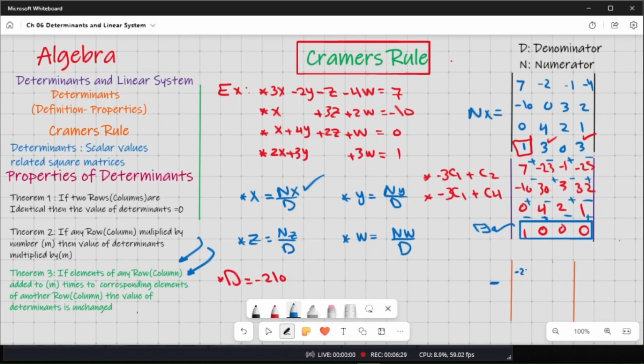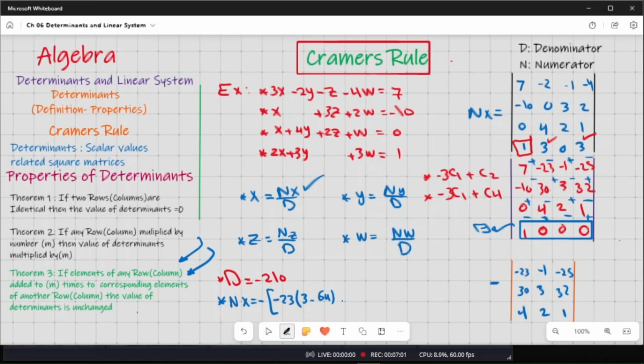We have negative 23, 34, negative 1, 3, 2, negative 25, 32, 1.